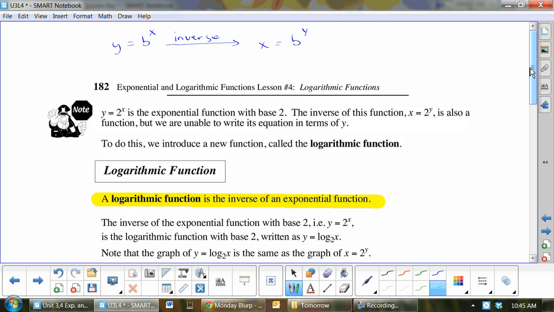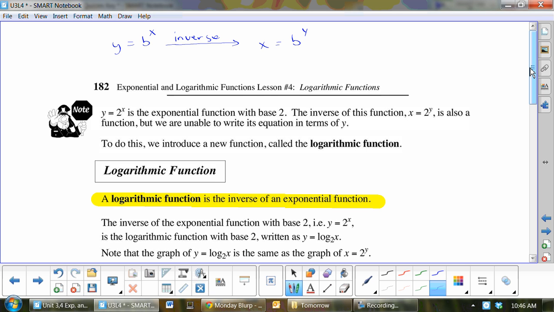Now remember last unit, we always did that, and then the question would often say, get it in the form y equals. Now, how am I supposed to get this thing in the form y equals? I have to use this new thing called the log. Like, if I switched x and y, is that getting into the form y equals? No, that's finding the inverse again. I'm back to where I started.